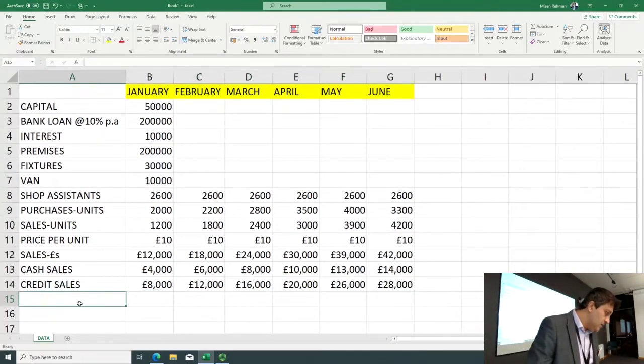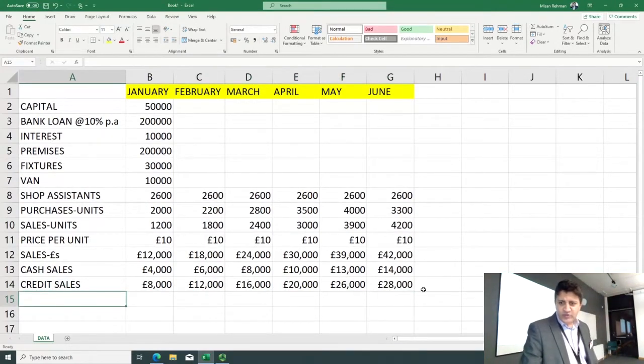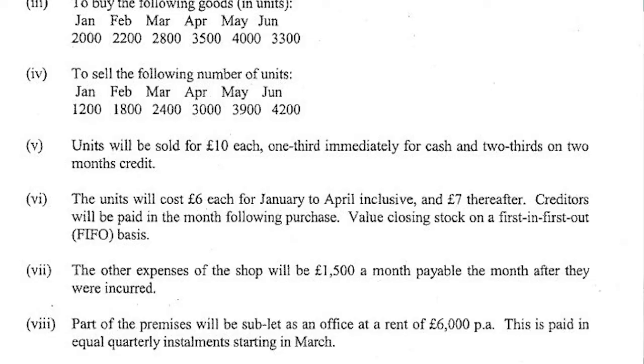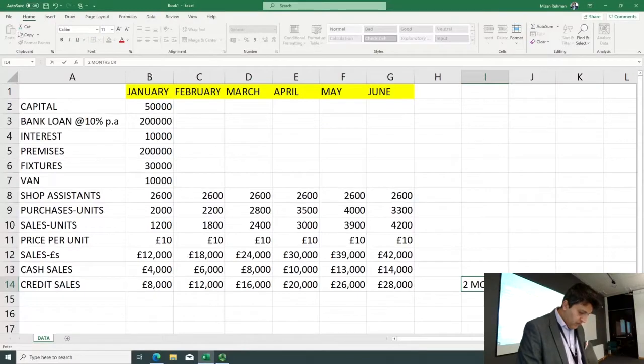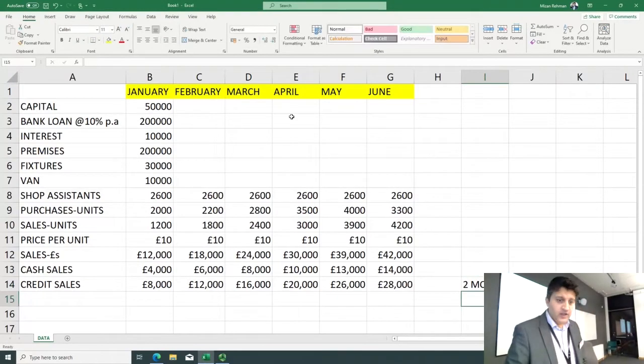Yes, I think it's worth noting that we have 2 months credit on these.